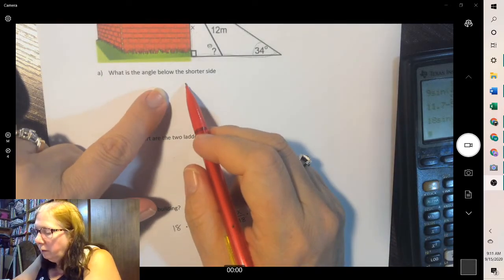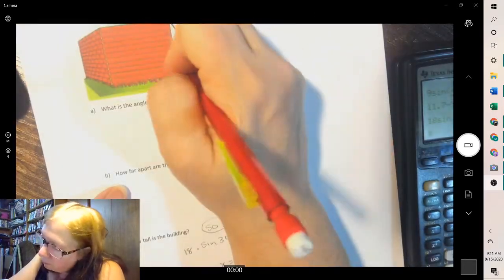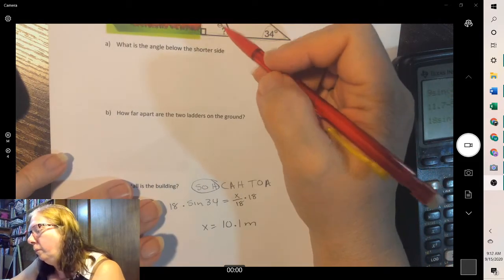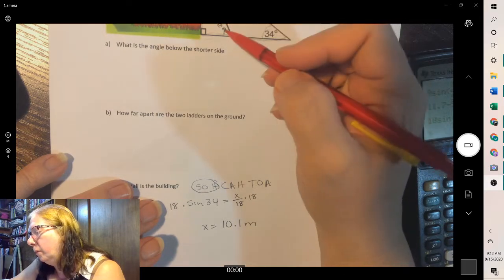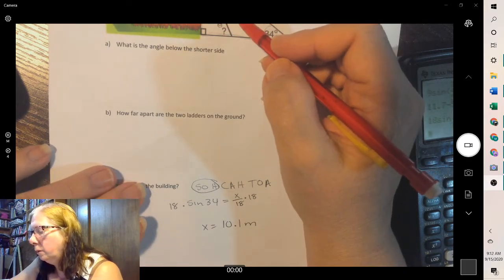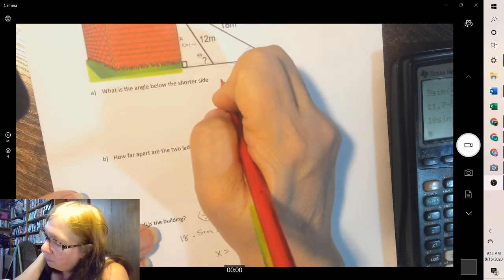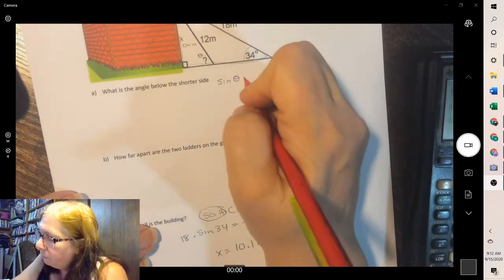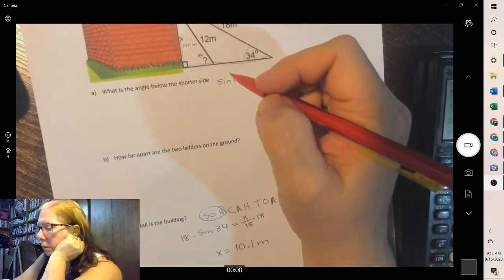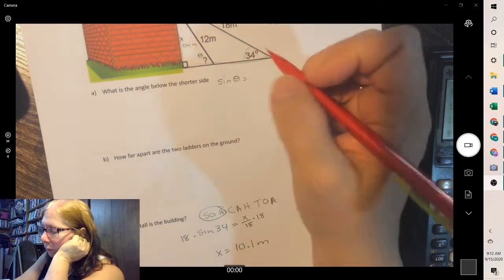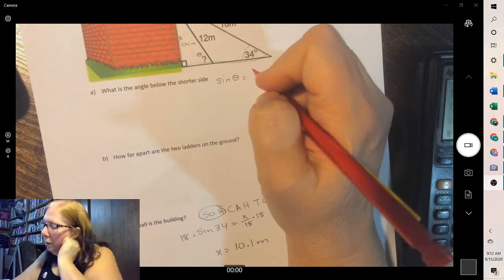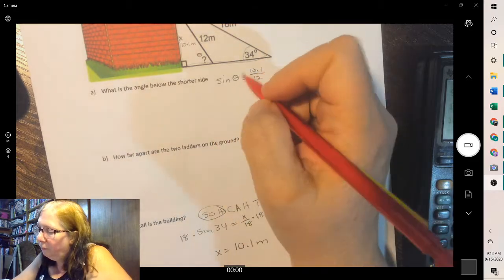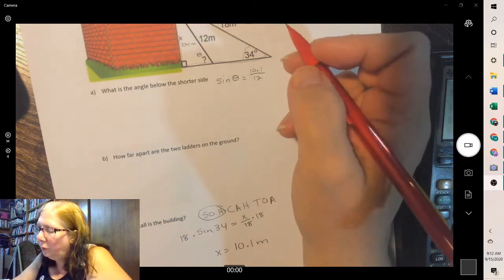Now we can find this one because we know this is 10.1 meters. So looking at this one, again we have opposite over hypotenuse. So the sine of this angle equals opposite over hypotenuse, 10.1 over 12. Now to get this by itself, we take what's called the inverse.